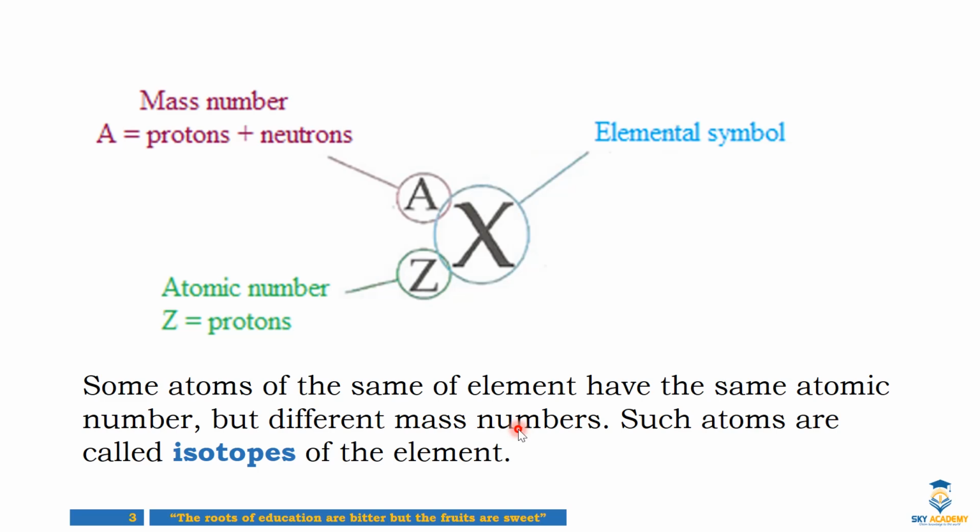You may ask yourself, normally atoms have the same atomic number but different mass number. But here we are saying the atoms of the same element. Atoms of the same element.